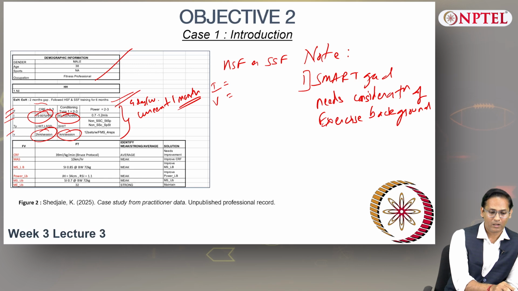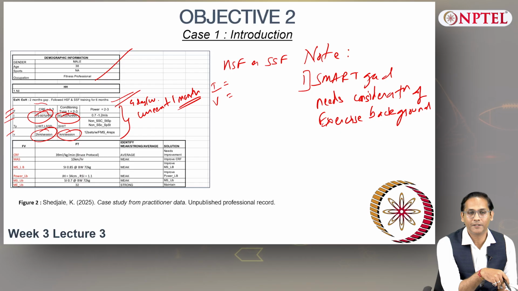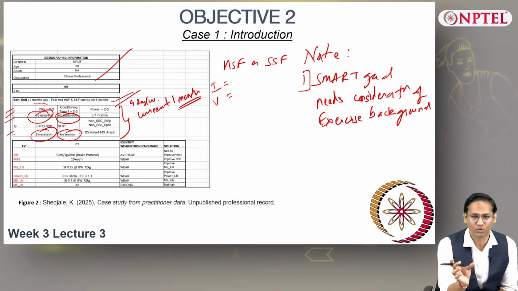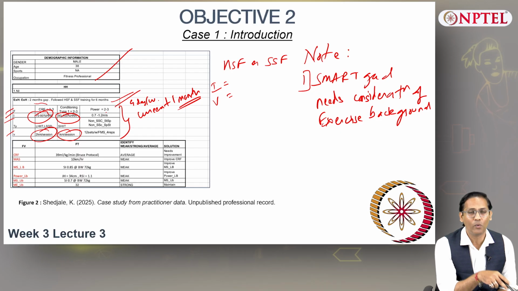So, coming back to this case, this exerciser is doing a very high intensity of cardio and conditioning. I would not explain the power part because this course is concerned with conditioning. So, I would explain more about cardio and conditioning FITT-VP.